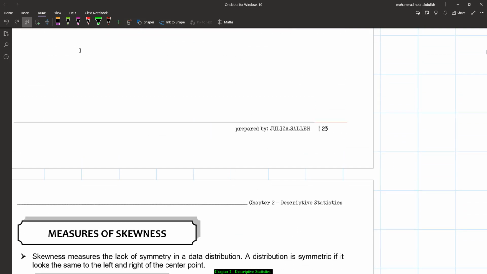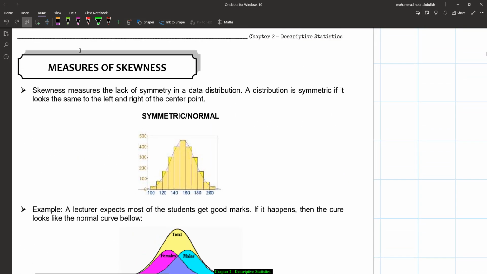Skewness. Measure of skewness. Before we go to measure of position, let's look at into a measure of skewness. Skewness means that we want to know whether the data is normally distributed or not normally distributed. Why this is important? Because in statistics, there are two methods, commonly known two methods, which is a parametric test and non-parametric test, if you want to do a inferential statistics.